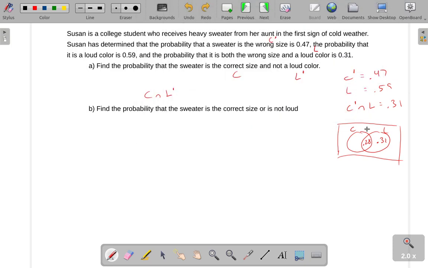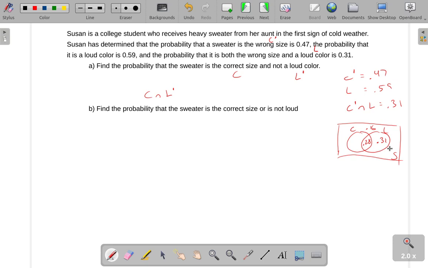So this area out here must be 0.16. Now, I haven't really talked about this with Venn diagrams yet, but in this example it's not our universe, it's our sample space. We're not calling it a universal set; we're calling it a sample space when we're dealing with events.